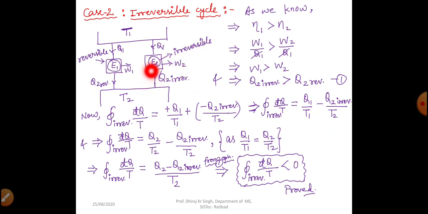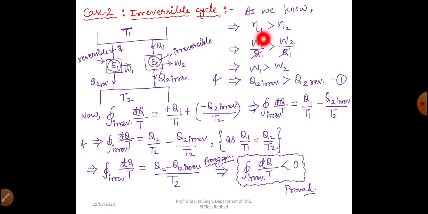As we have already studied, the efficiency of a reversible cycle will be greater than that of an irreversible cycle working on the same temperature source and sink. So we can write that efficiency 1 is greater than efficiency 2. Yes, obviously we can write that, because we have already studied that reversible cycle efficiency is greater than irreversible cycle efficiency.